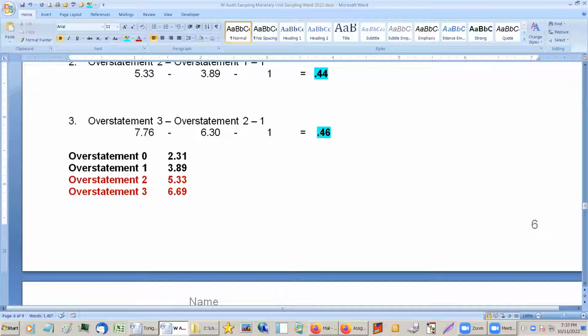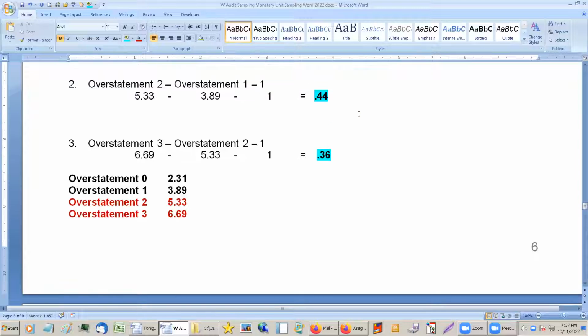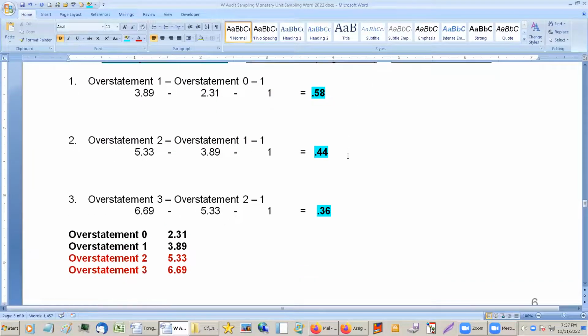And 7.76 minus... wait, 0.36. What did you say, it was 36? Yes, 0.36. Thank you. All right, so these are the incremental amounts.